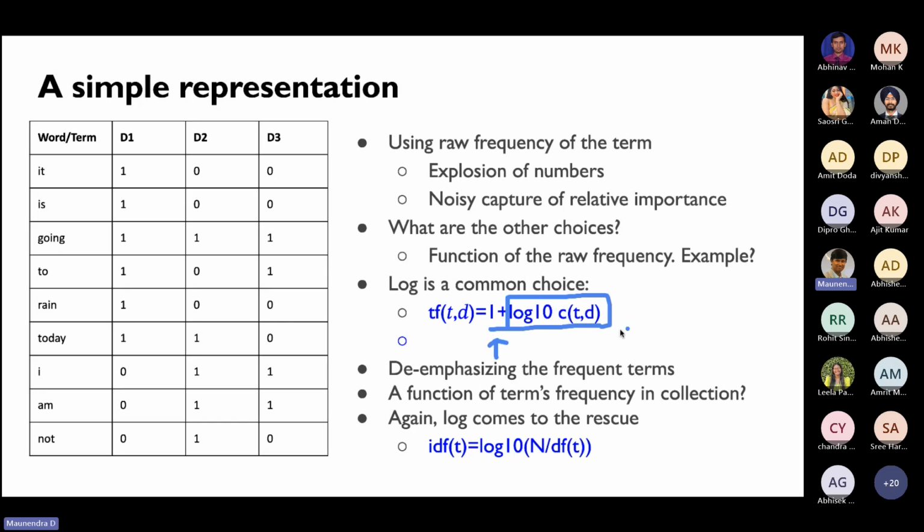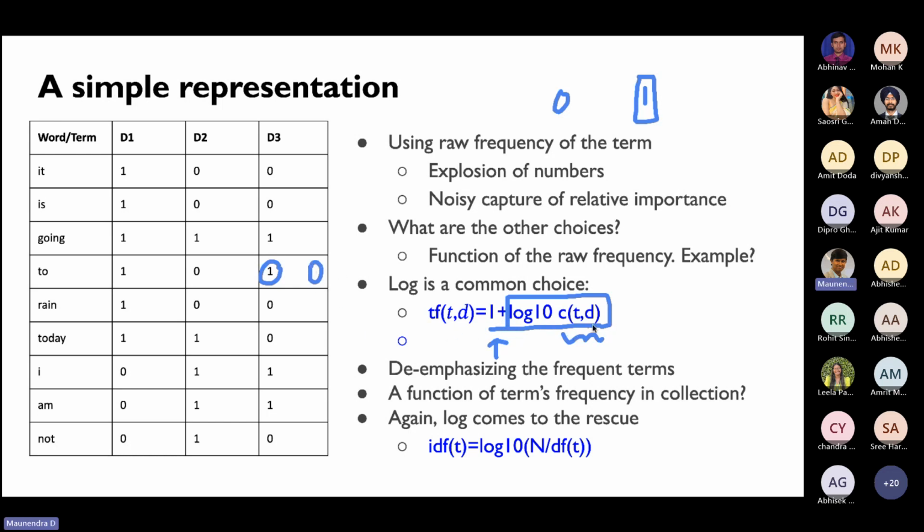It is because if you look at the value of C(T, D), this says how many times T is appearing in D. It can be any number starting from 0. Now suppose the term occurs one time. In that case, if we simply have log 10 C(T, D) and the 1 plus we do not have, then it becomes log of 1, which is nothing but 0.